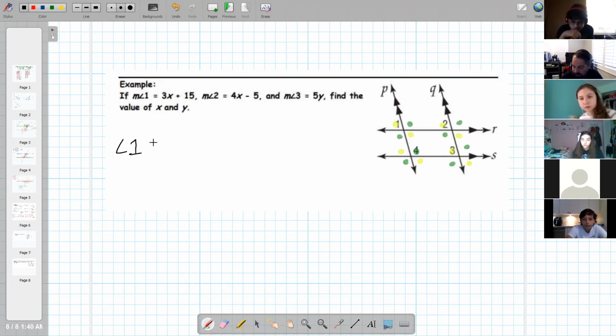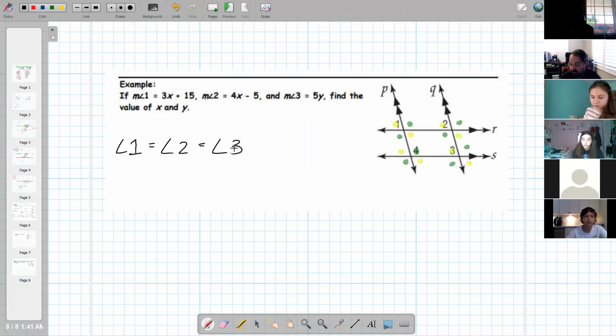What other angles are going to be equal to angle 1 here? Anybody can jump in. Angle 2 and angle 3. Yeah, angle 1, angle 2, and angle 3 are all going to be the same in this picture. Okay. And what's the relationship between angle 1 and angle 4? How are those related?